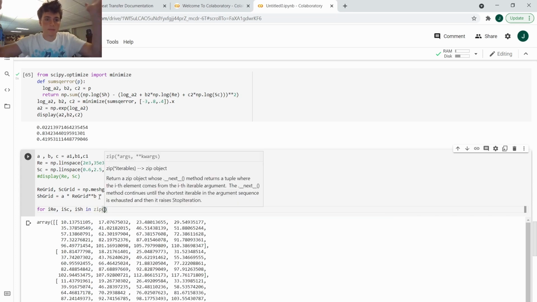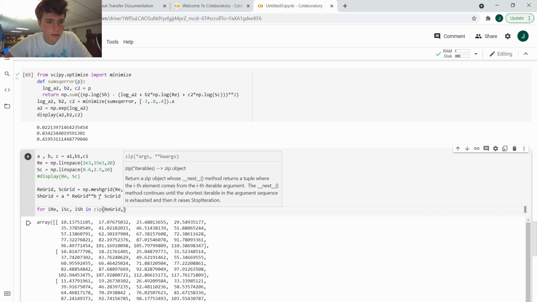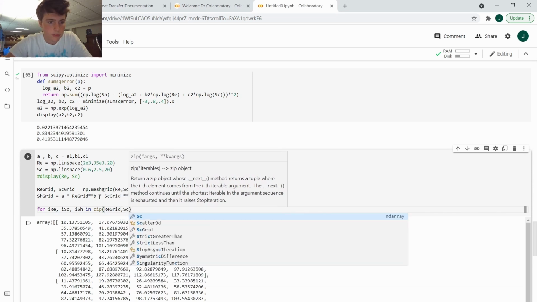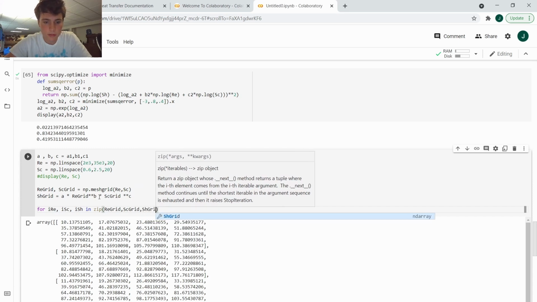So we're zipping these up one to one. I'm going to use Reynolds grid, Schmidt grid, and Sherwood grid.